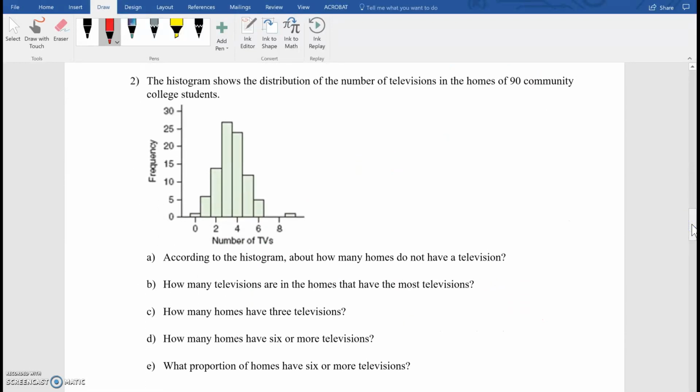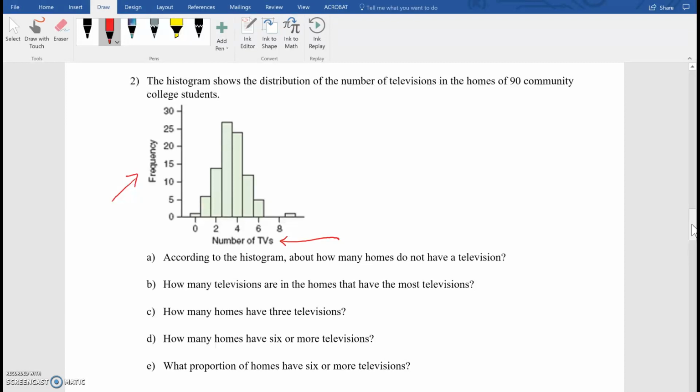The second problem says, the histogram shows the distribution of the number of televisions in the homes of 90 community college students. Let me read the graph. This says number of TVs, and this is frequency, the number of people, the community college students.